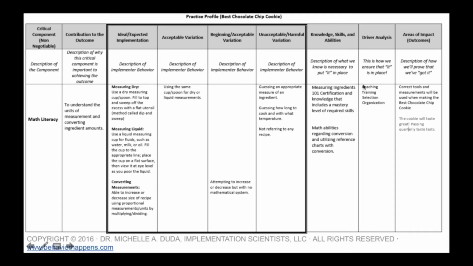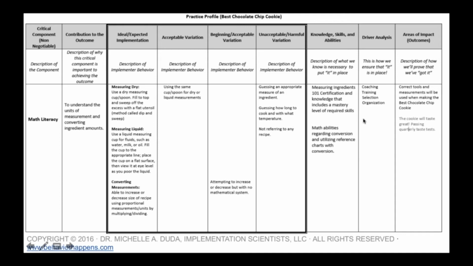It's just an example, but I've heard that there are different tools that you will use when you're measuring dry ingredients versus liquid ingredients. And then you want to be really skilled at being able to convert measurements too. So all of that is defined in the ideal column.